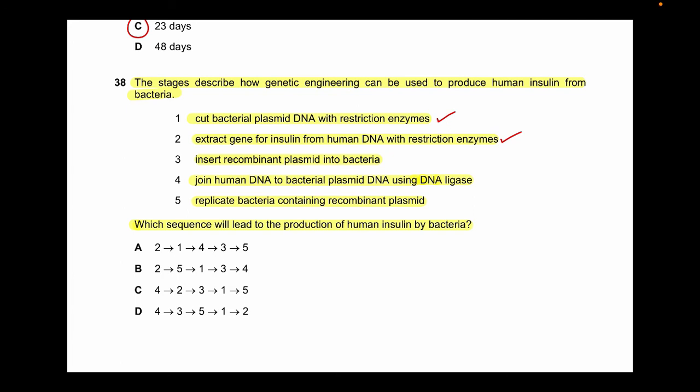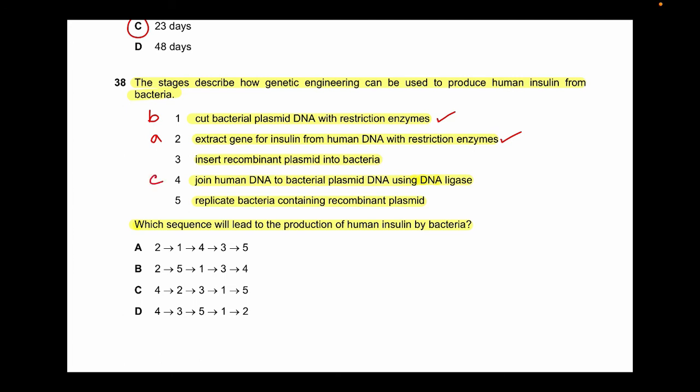So, first of all, we need the insulin gene from human DNA. So we need to cut it with a restriction enzyme. So this will be the first one. Let's just name it A. And then we need to cut the bacterial plasmid with the restriction enzyme. So that will be B. Then we need to join the human DNA to bacterial plasmid using the DNA ligase.